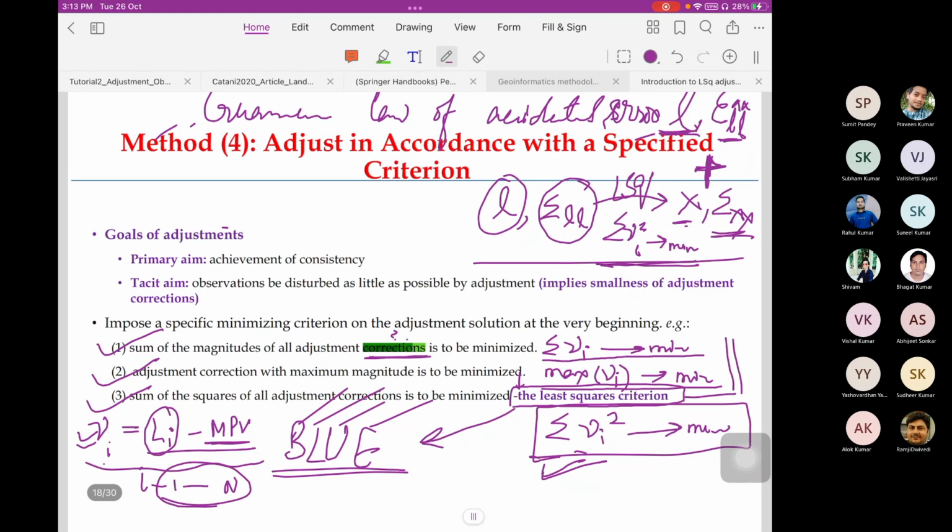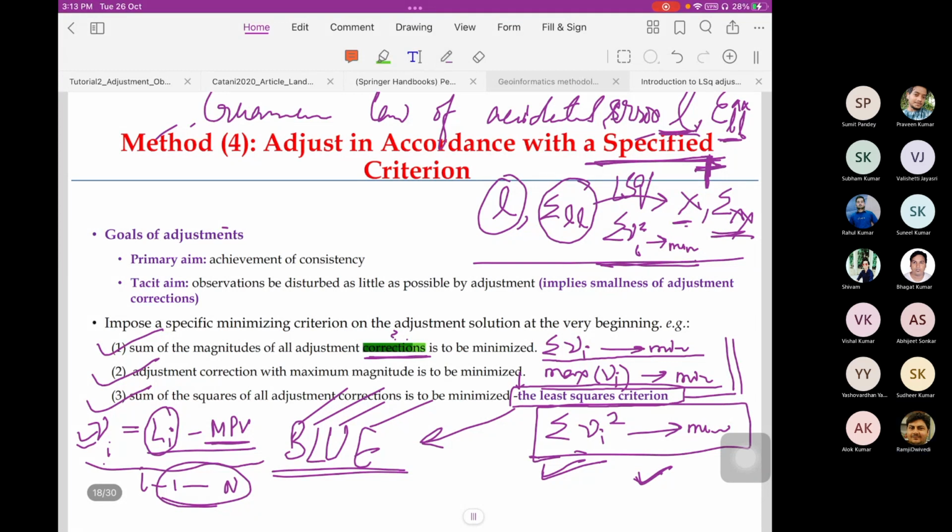These are the two possible criteria. And then the third is the sum of squares of the residuals to be minimized. This is the basis of least square adjustment, which came into existence from the question of what specified criterion we need to use. That is the discussion we concluded in our last class.